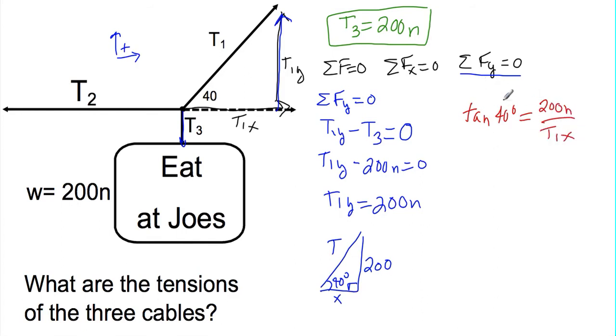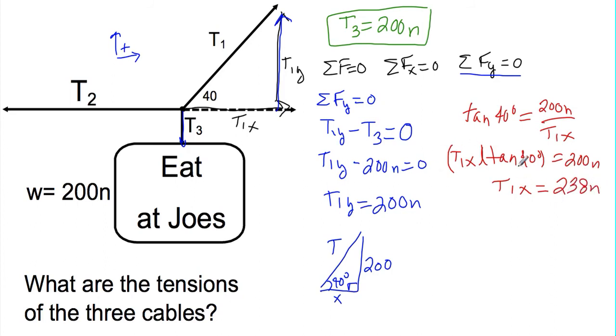Now this one's a little bit more complicated because you have to cross multiply here. You're going to get T1x times the tangent of 40 degrees is equal to 200 newtons. And then you solve for that, and T1x is going to equal 238 newtons.